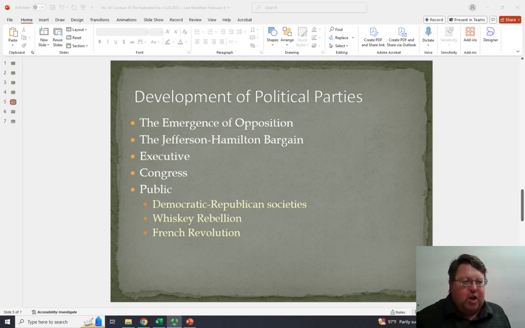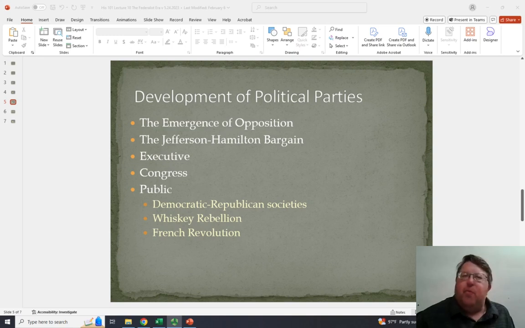The Whiskey Rebellion also sets off divisions in American society. The Whiskey Rebellion, Western Pennsylvania farmers, we talked about them before, Western Pennsylvania farmers decide they're not going to pay the whiskey tax, right?